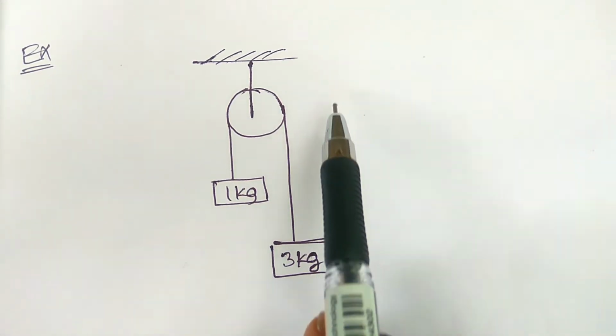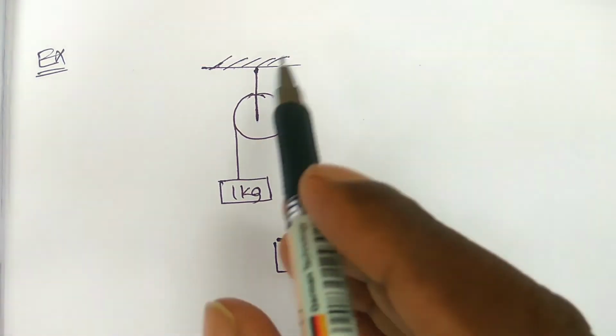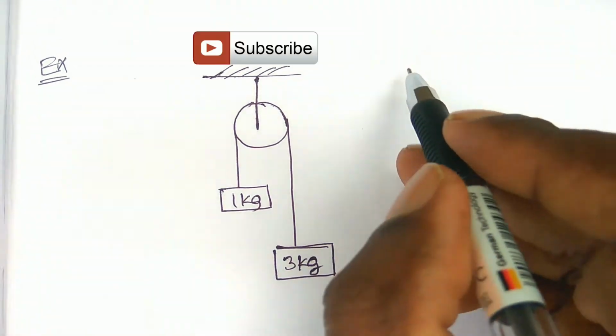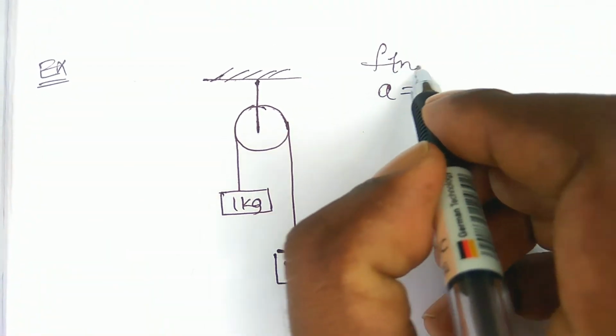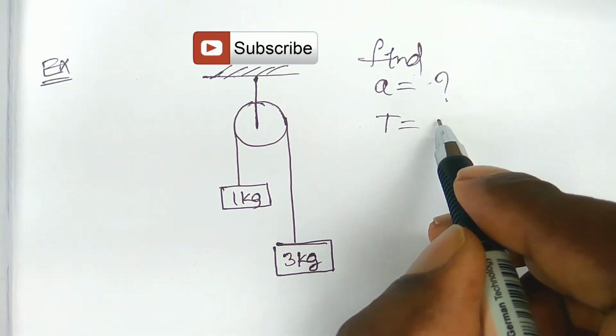Here there is an Atwood machine having a 1 kg block and a 3 kg block. We have to find the acceleration of the system and the tension in the string.